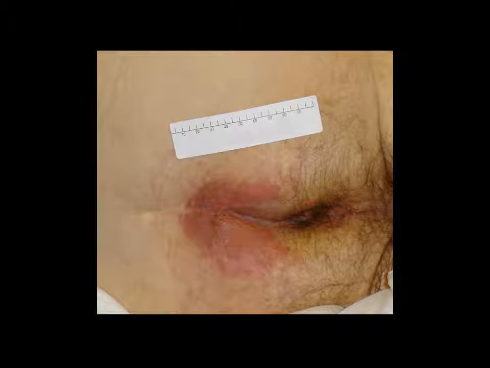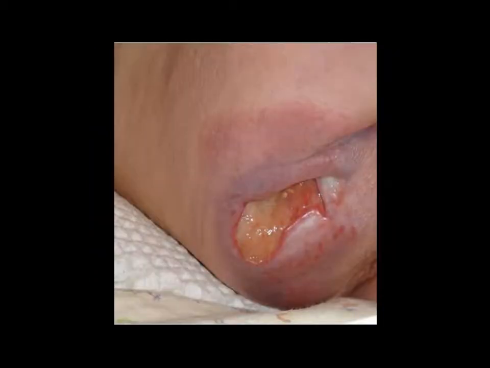This picture shows a sacral ulcer that is stage 1, in which the skin is intact and there is only non-blanchable erythema that is visible. This is stage 3, in which there is full thickness loss of skin and it involves subcutaneous tissue, but the muscle and fascia seem to be intact.